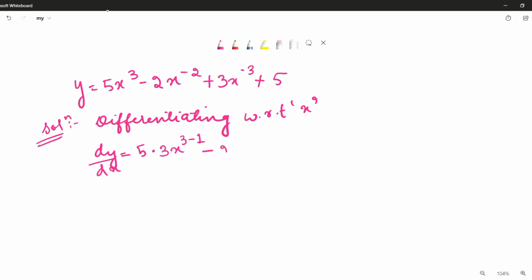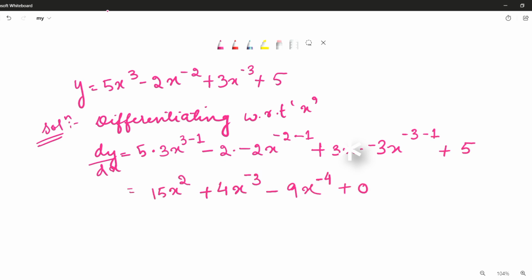Now be very careful about the signs. Minus 2 into minus 2x to the power minus 2 minus 1. Be very careful about the negative signs. Plus 3 into minus 3x to the power minus 3 minus 1, plus 5. So after calculation, our answer will be 15x square plus 4x to the power minus 3 minus 9x to the power minus 4 plus 0.